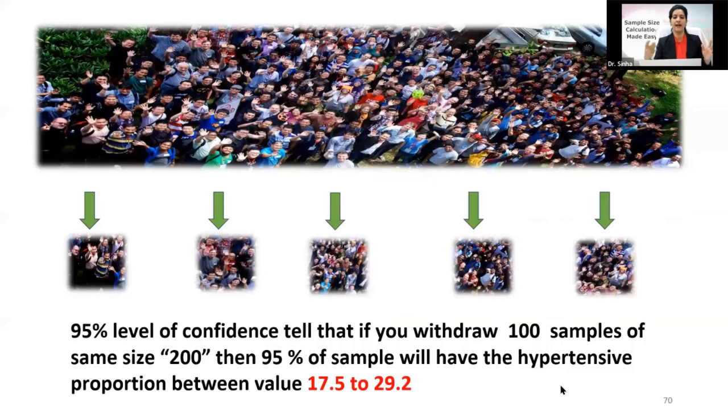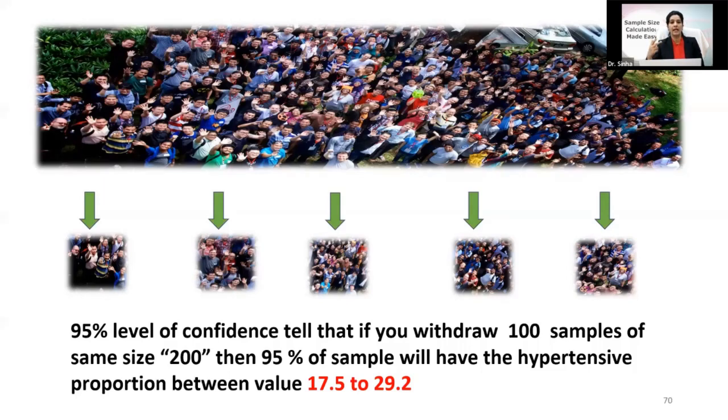Now, there are 5 more researchers. One researcher has also taken one sample, the second researcher has taken this sample, the third has taken this. So 5 researchers have recruited 5 different samples of 200 people, or maybe 100 people, depending. If 100 researchers recruit samples of 200 from the same population, then 95% of the samples will have the population parameter of hypertension between 17.5 and 29.2.